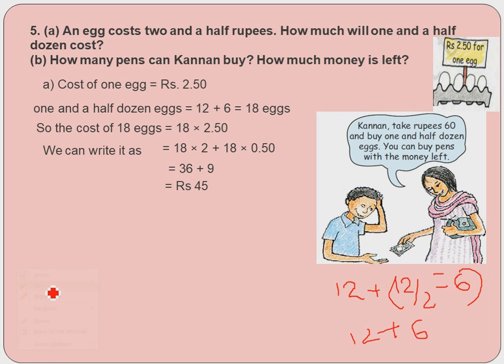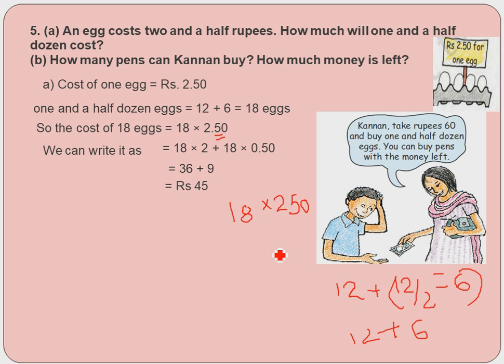Otherwise, the other way you can do this, you have to convert this into paisas. If you convert it into paisa, it will become 18 into 250 paisa. When you convert into paisa, you multiply with 100. We learned 2 rupee 50 paisa means 250 paisa. 4 rupee 50 paisa, 4.50, is equal to 450 paisa.